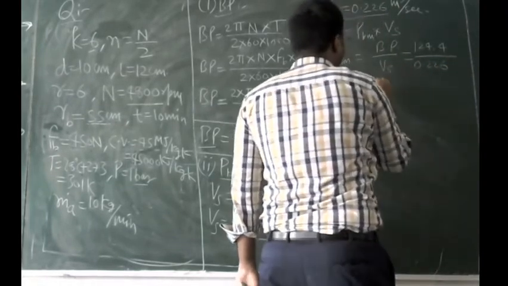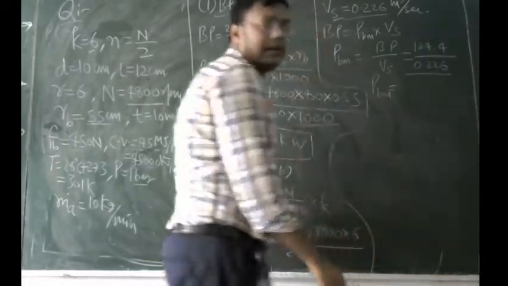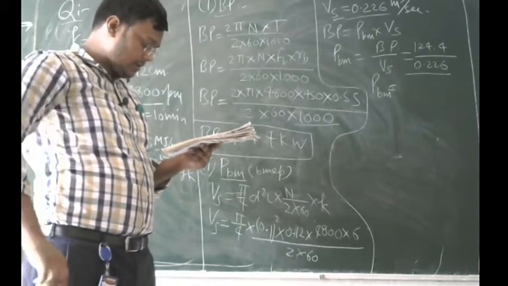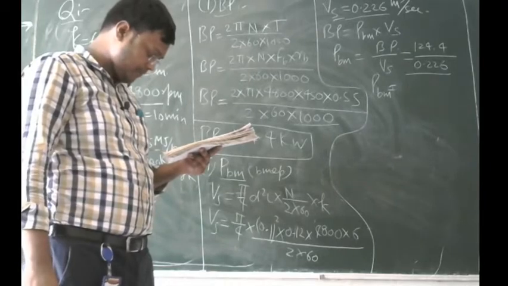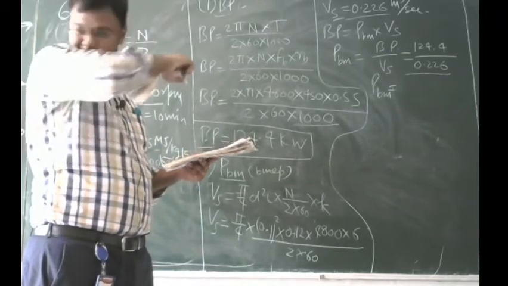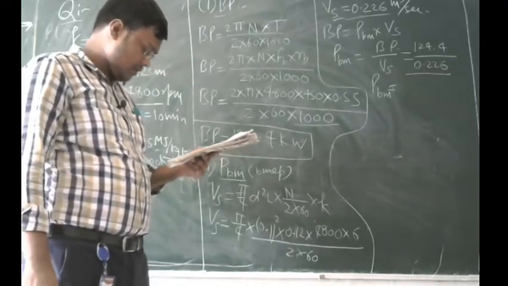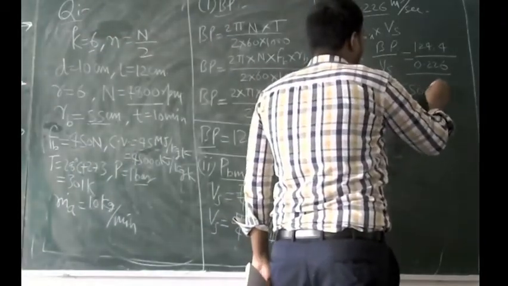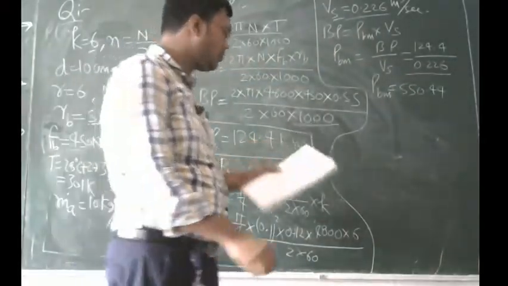Okay, so we get the value of brake mean effective pressure. When you calculate this value, we'll get the answer equal to 550.442.